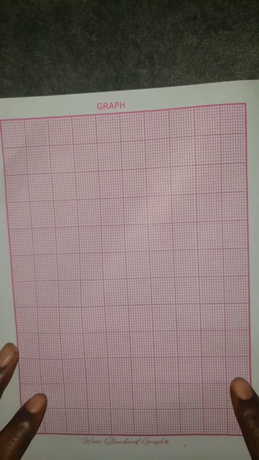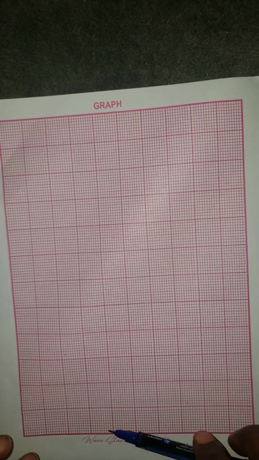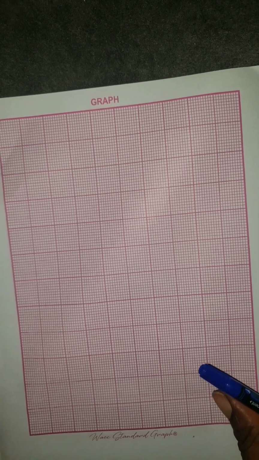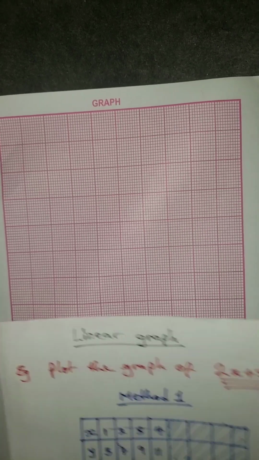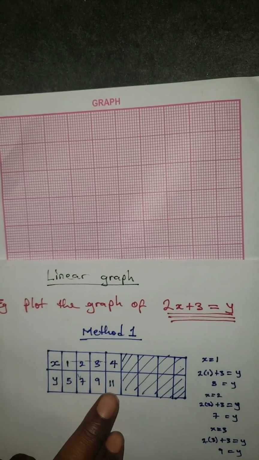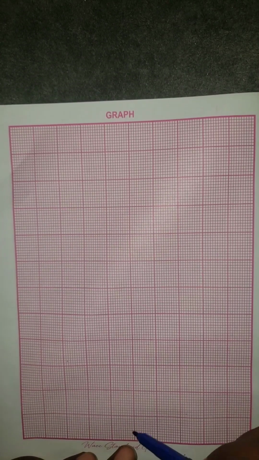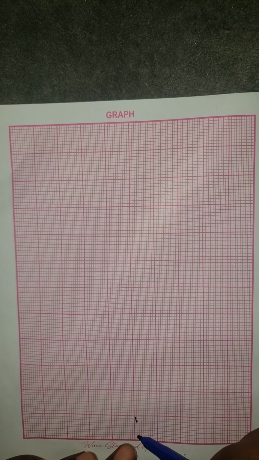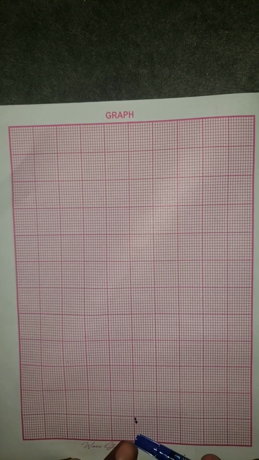I need to know the scale that I will use to be able to get up to 9, remember, we have 9 here, and we have 11. So which partition are we going to use? If we use each of these as 2 or as 1, are we going to get up to 11? That's a question we need to ask ourselves.